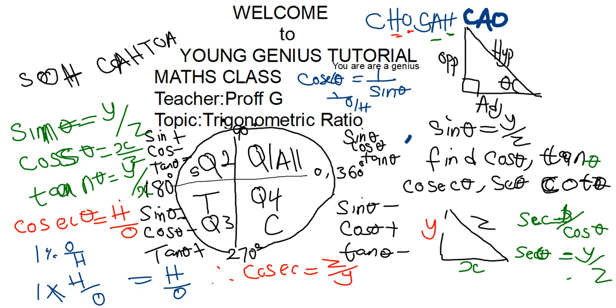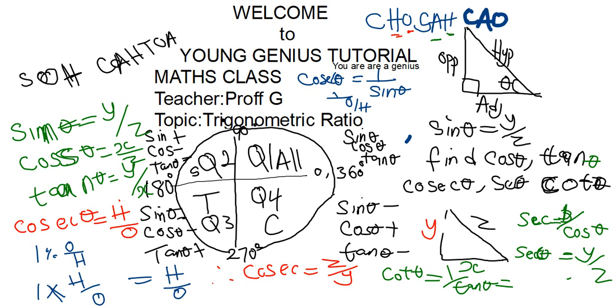Now let's look for cot theta. What is cot theta? Cot theta is equal to 1 over tan theta. That is what cot theta is. And what is cot theta in our question that is given to us here? From our formula, we know that cot is equal to adjacent over opposite.